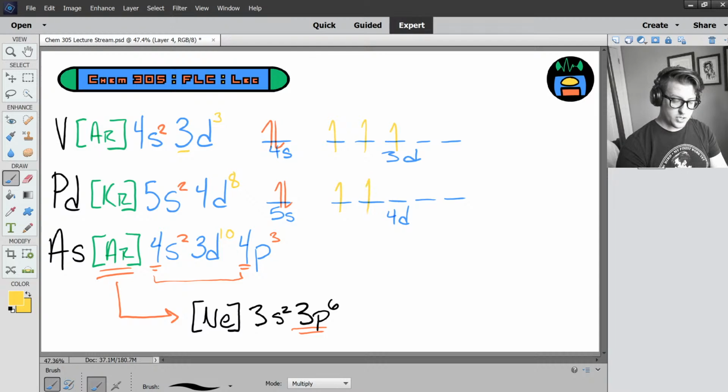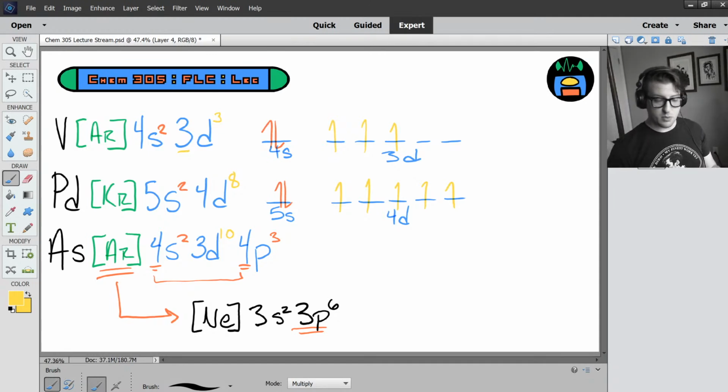So we go 1, 2, 3, 4, 5, right? Singly filling all of our orbitals, trying to make as many electrons have their own room as possible, but we still have 3 electrons left, so we have to go back and add 3 more, so that would be the orbital diagram for palladium.